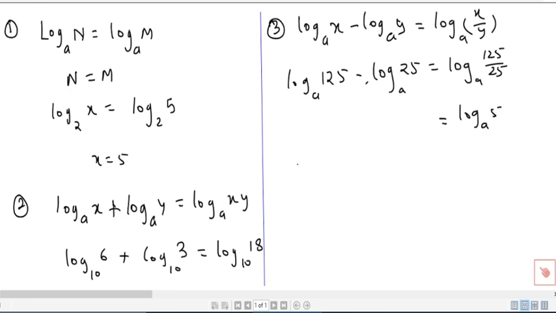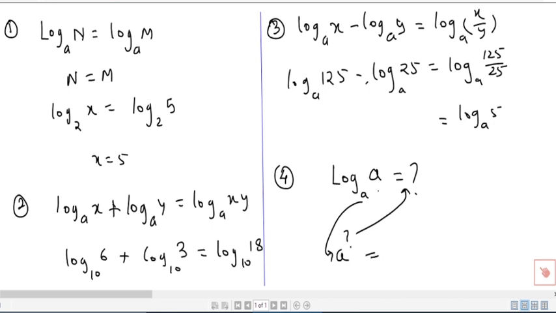Okay, now let's see the fourth property. The fourth property is very simple to understand: log at base a of the same number a is equal to what? Now let's answer this question. What I am asking is that this base raised to the power what is equal to a itself.